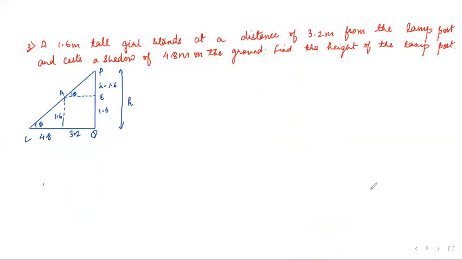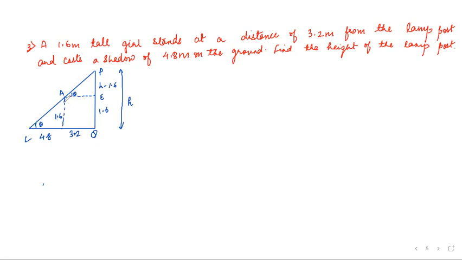Now moving to the next question. Again, an important question. A 1.6 meter tall girl stands at a distance of 3.2 meters from the lamp post and casts a shadow of 4.8 meters on the ground.